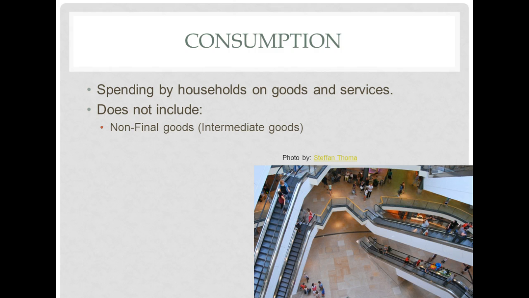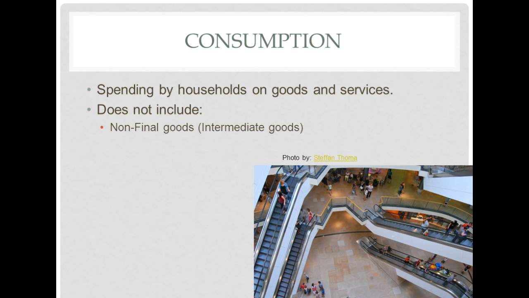What happens to that raw rubber? Well, it goes into things like tires, whatever else rubber goes into. So if we counted that rubber when it was just rubber, and then we counted the tire, we would in effect be counting the rubber twice. So generally speaking, we don't count things until they reach their final stage.